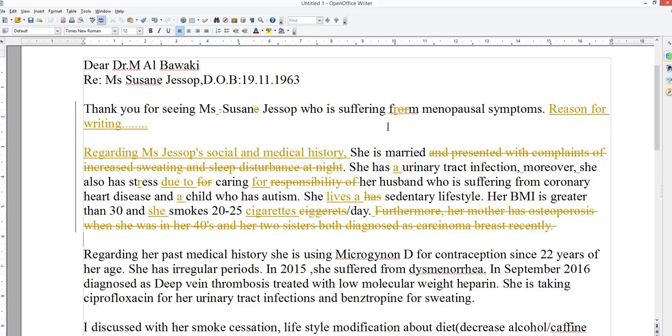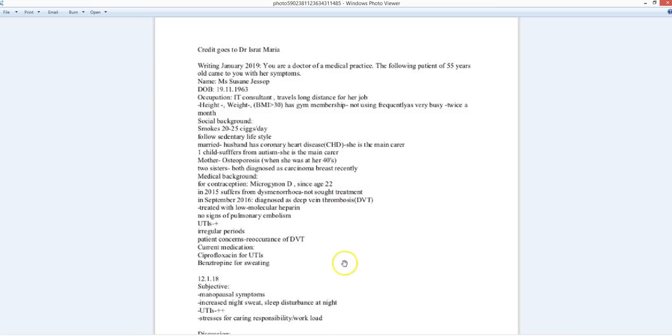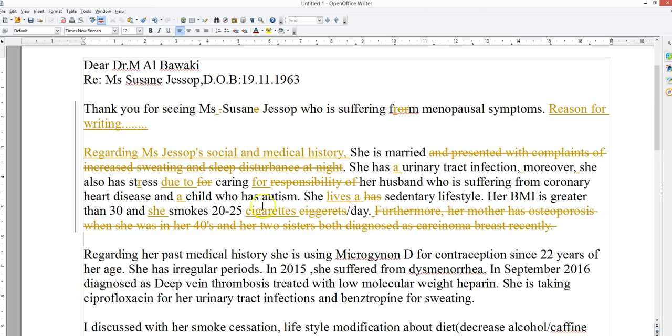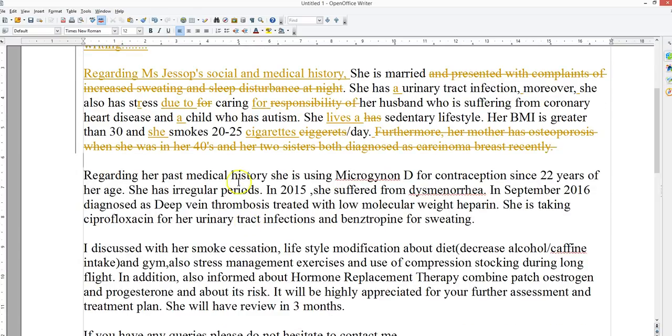Right, so she presented on the 12th of the 1st, complaining of symptoms of sweating, sleep, stress, etc. And then what you spoke about and your plan. So that's kind of messy.